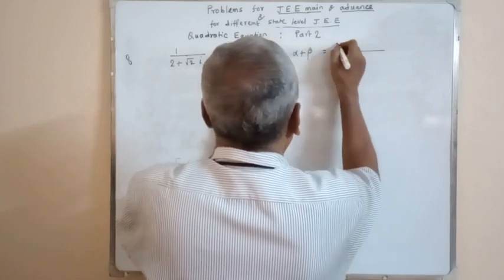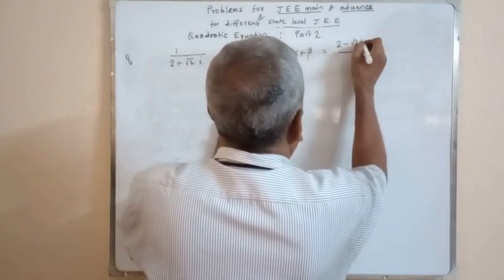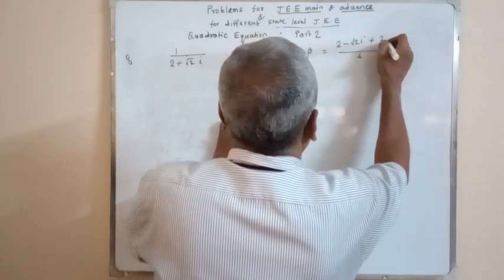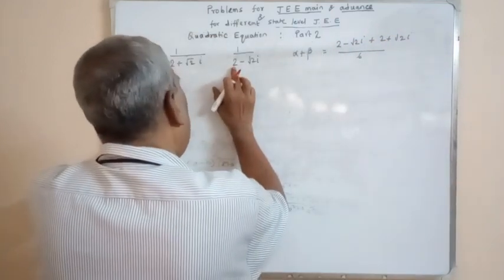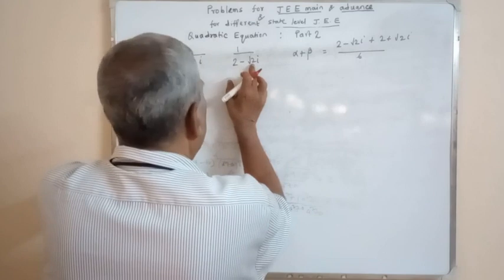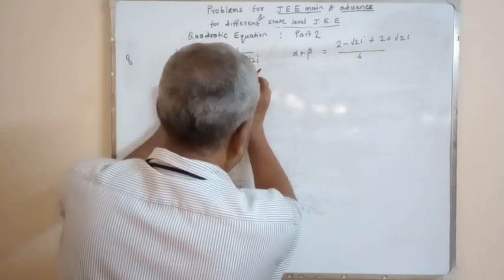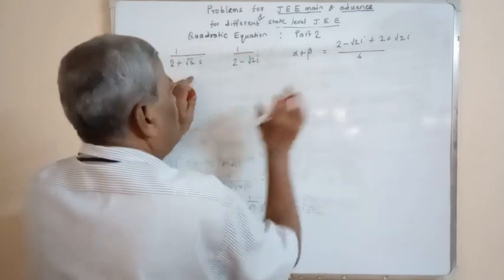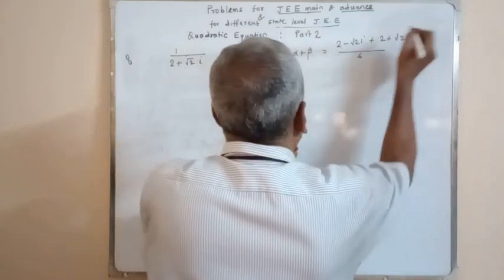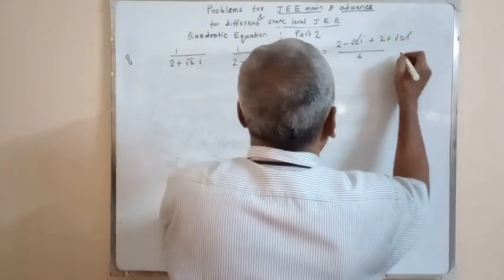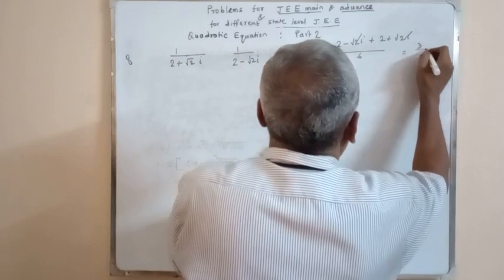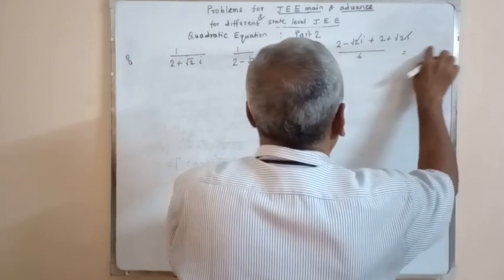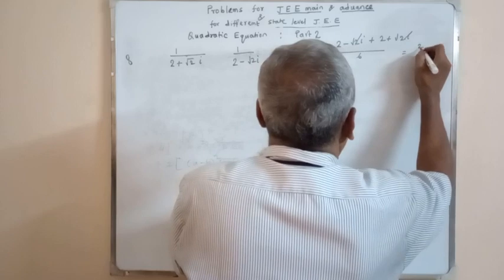It is equal to 2 minus root 2 I plus 2 plus root 2 I. Just 1 minute. It is 4 minus 2 I square, 4 plus 6. Okay, so this cancels. So it is equal to 4 by 6, that is 2 by 3.